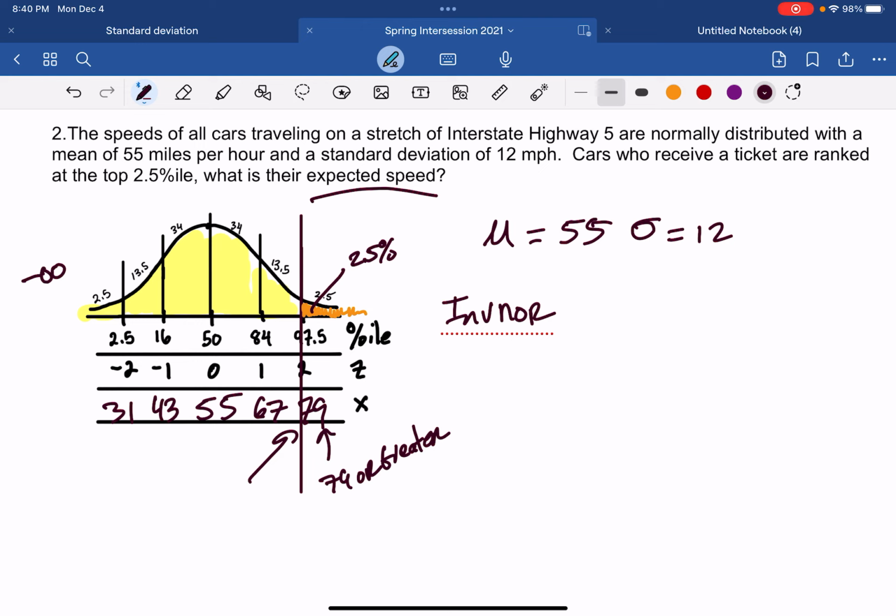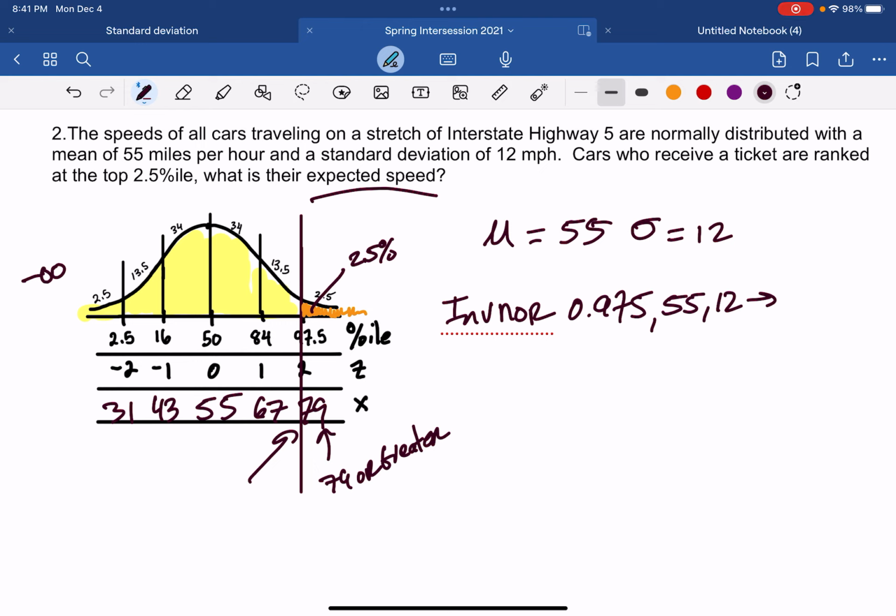To calculate this, we have to tell it that it's going to be 0.975, which is the yellow piece. We tell the calculator to shade from negative infinity all the way up to the 0.975 percentile, with a mean of 55 and a standard deviation of 12.